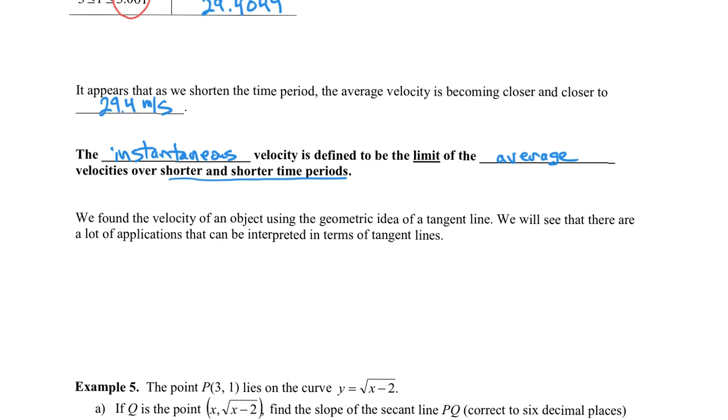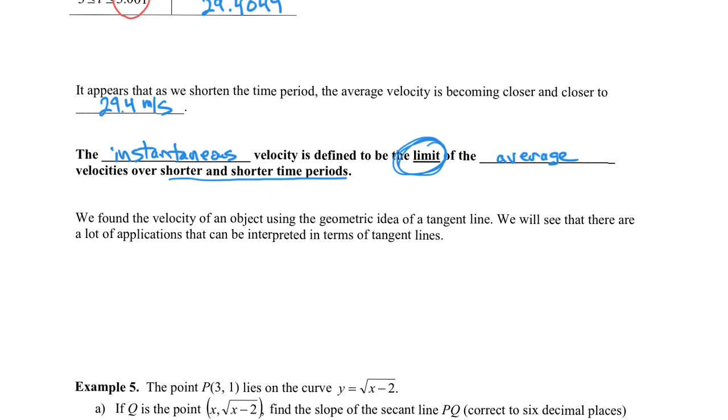So here's this idea of a limit again. Calculus does a lot with limits. It's a limiting value. As these time periods get closer and closer together, this appears to approach a number, and that number that it approaches, the limit of these average velocities, is the instantaneous velocity. And this is how we define it.